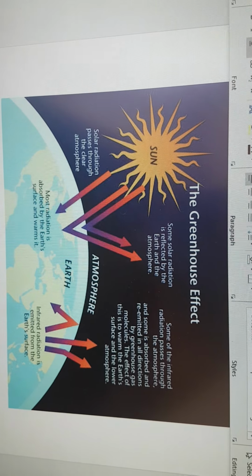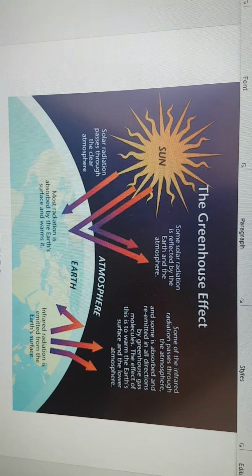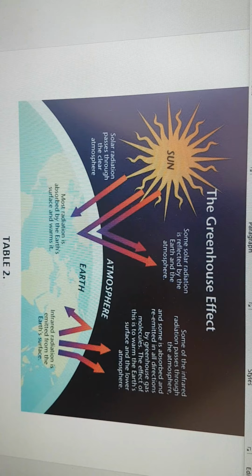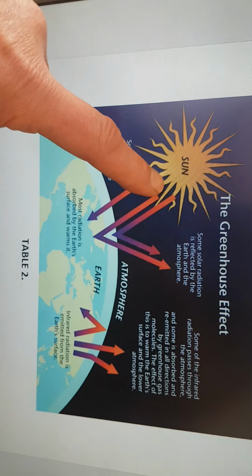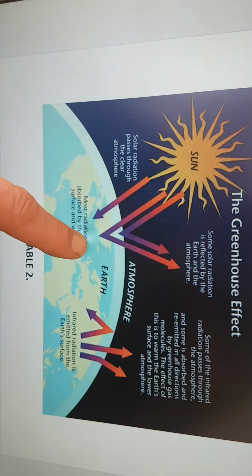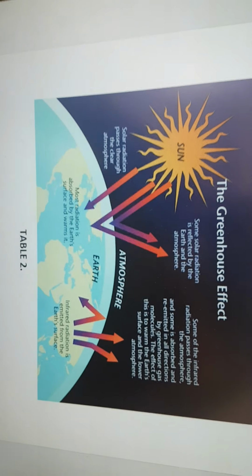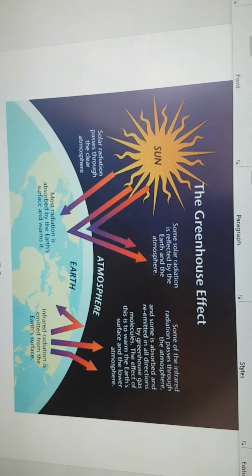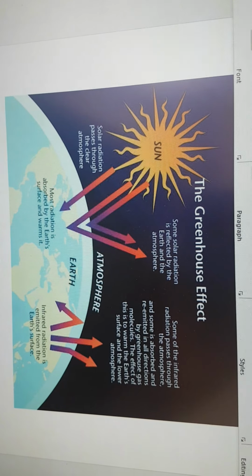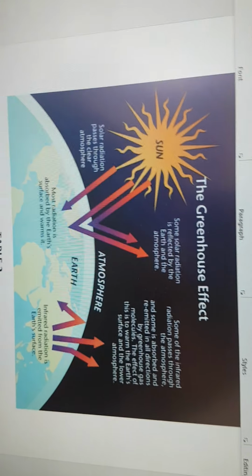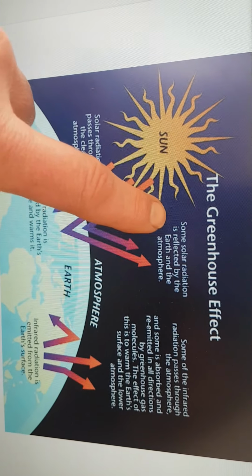Another question that people sometimes ask is, if these greenhouse gases can absorb infrared radiation, how come they don't absorb the incoming solar radiation? How come they only absorb it when it's leaving the Earth and going out to space? The answer is they do absorb some of the incoming solar radiation, as mentioned just there.